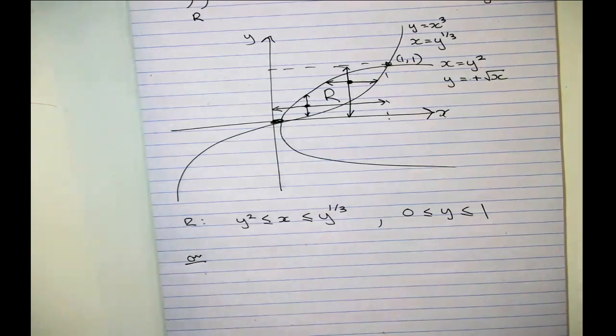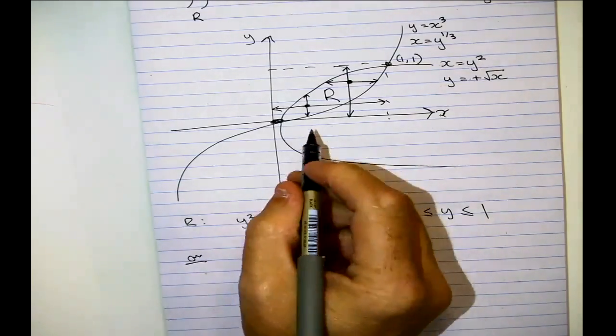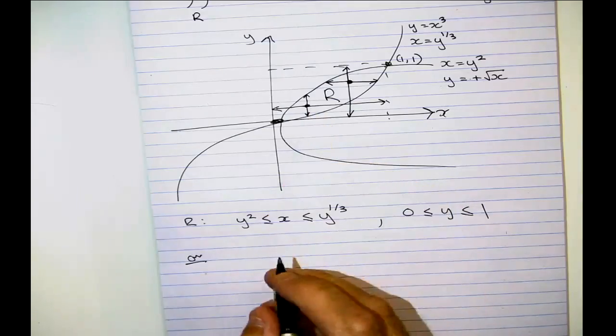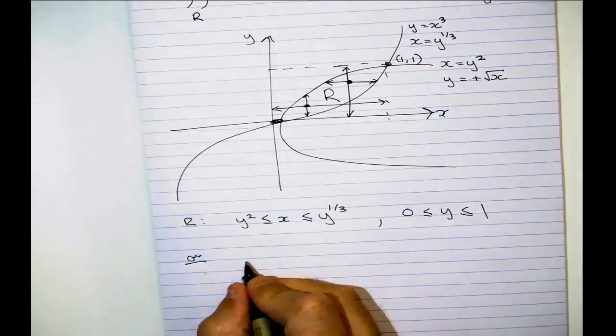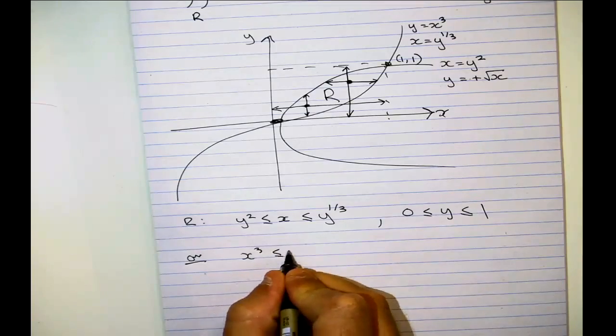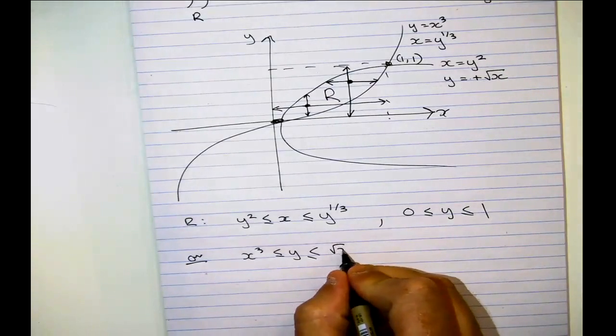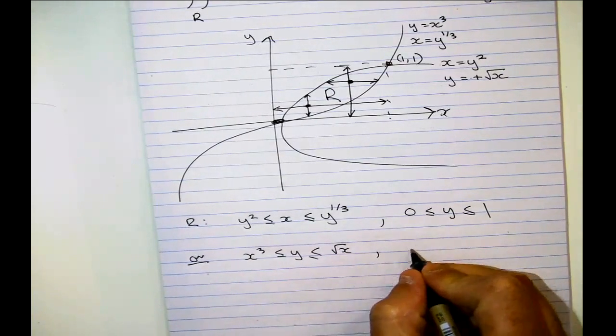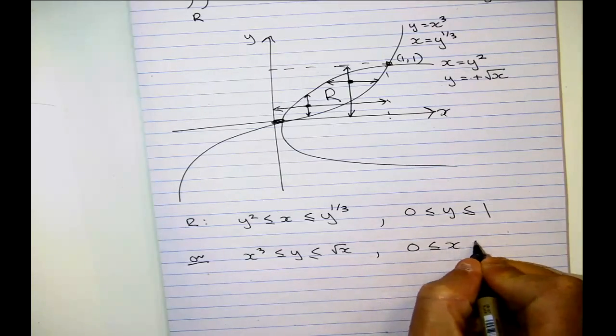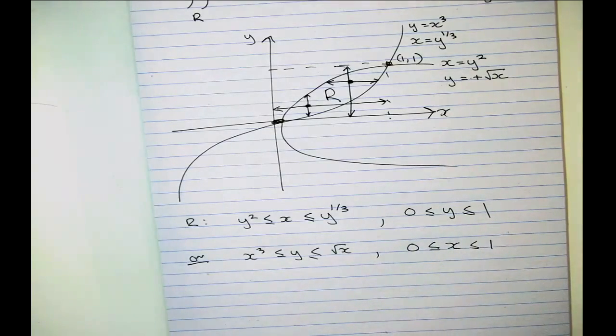So in this case, y goes from this one to this one, and x is my big sweep. Now I can do the integral two ways.